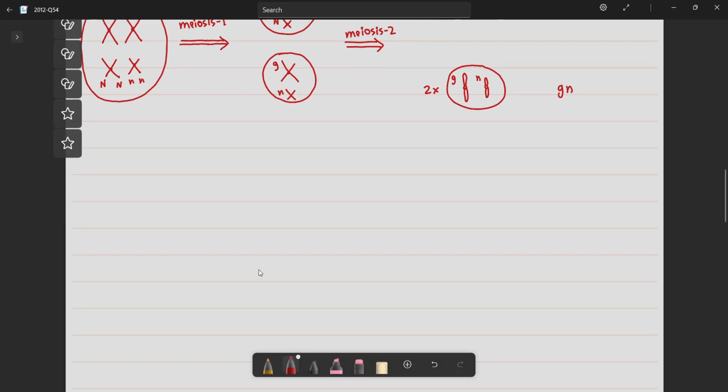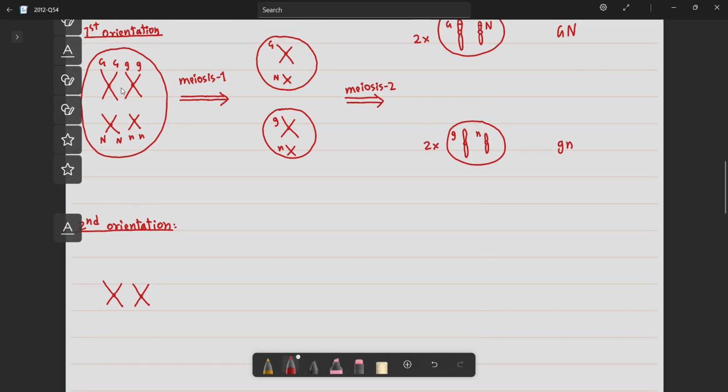Now I'll explain the second orientation. In this second orientation, I have the exact same chromosomes carrying the exact same genes and alleles as in the first orientation.